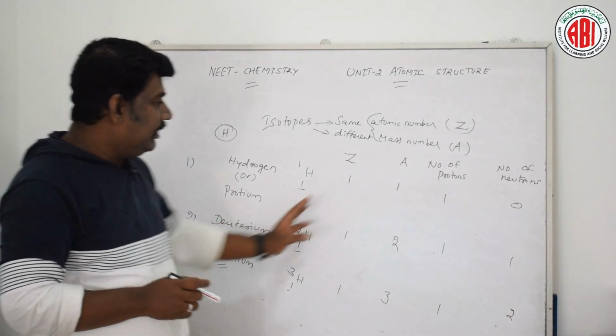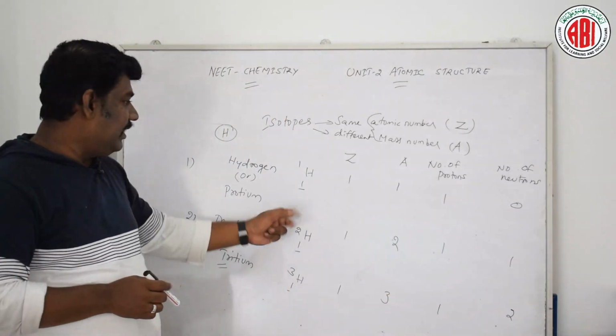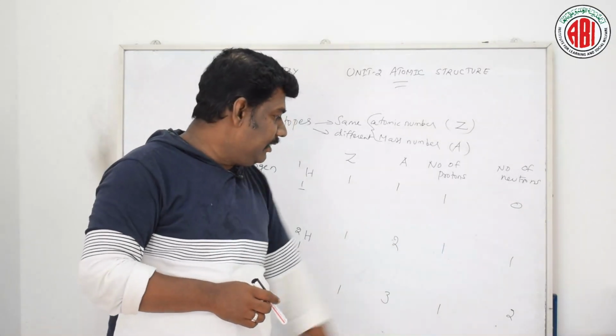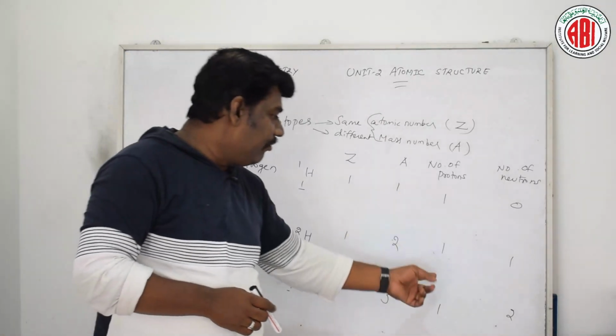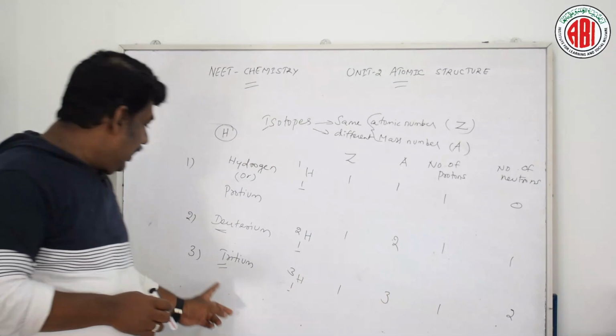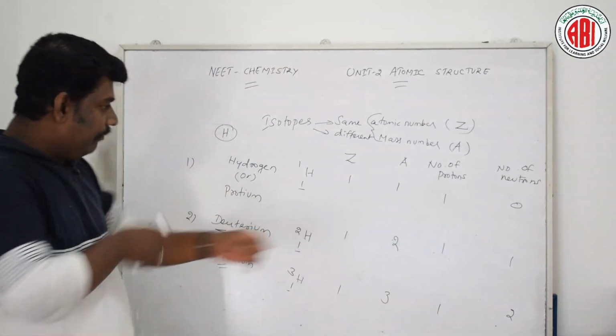Comparing the number of protons and neutrons in this chart, for hydrogen the number of protons is 1 and neutrons is nil. For deuterium, the number of protons is 1 and neutrons is 1. For tritium, the number of protons is 1 and the number of neutrons is 2.